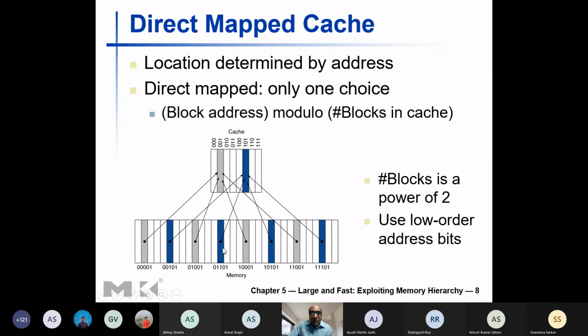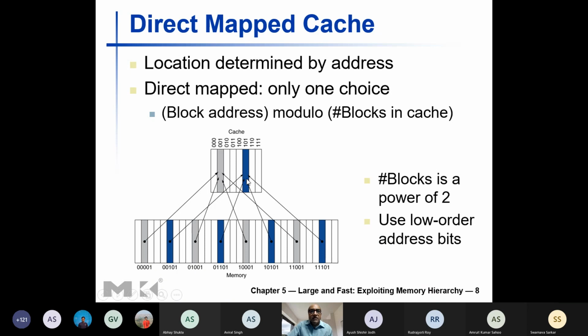So all these 4 blocks or 4 words map to a single location. Likewise, even the other sets of 4 words also map to a single location here. So in principle, every word in the main memory has a unique location in the cache storage, or the cache memory.